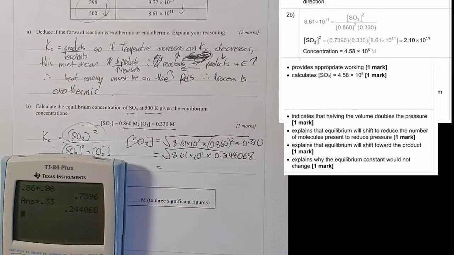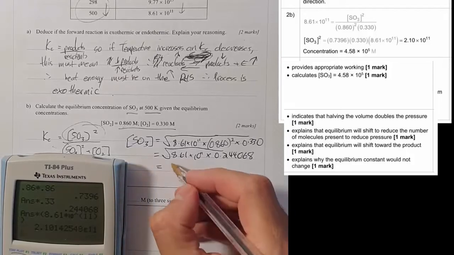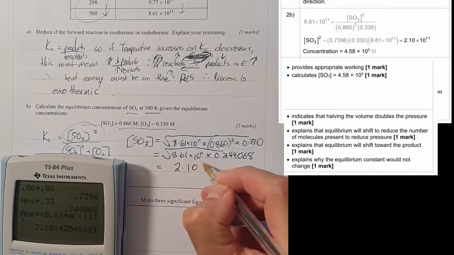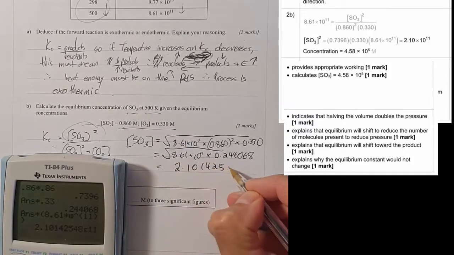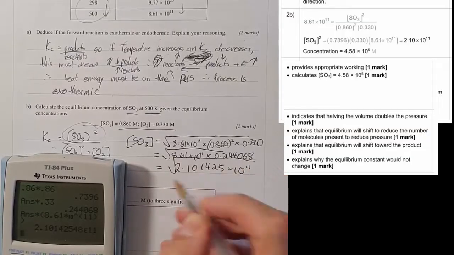Okay, we'll times this one by 8.61 times 10 to the 11 equals, so that's 2.101425 by 10 to the 11.